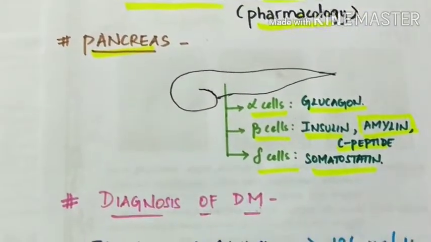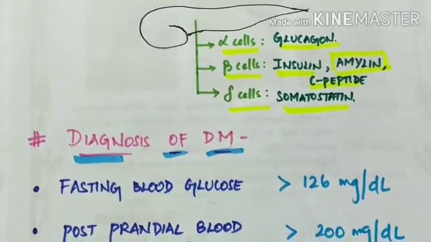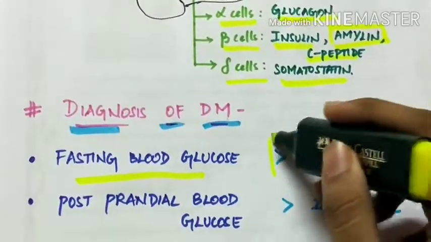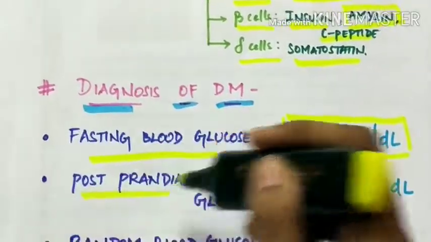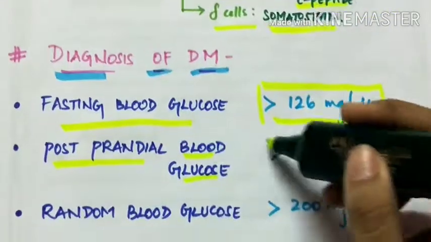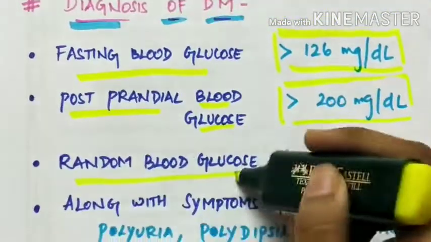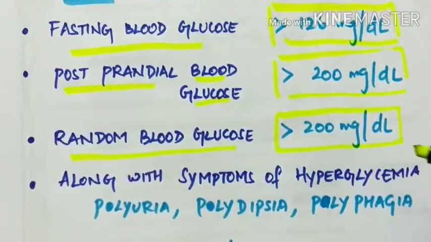Next, the diagnosis of diabetes mellitus. The fasting blood glucose should be greater than 126 mg per deciliter. Postprandial blood glucose greater than 200 mg per deciliter. Random blood glucose greater than 200 mg per deciliter.